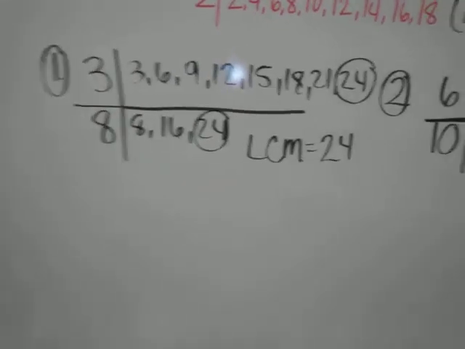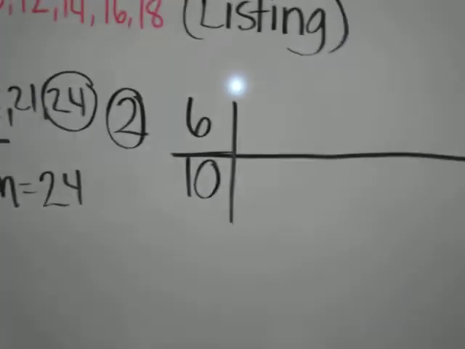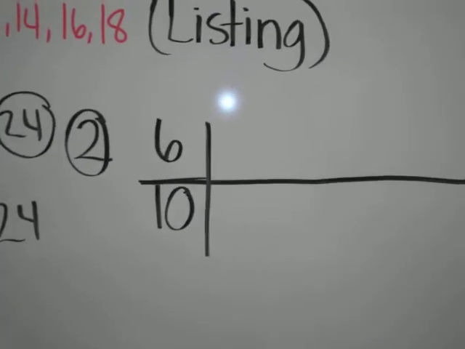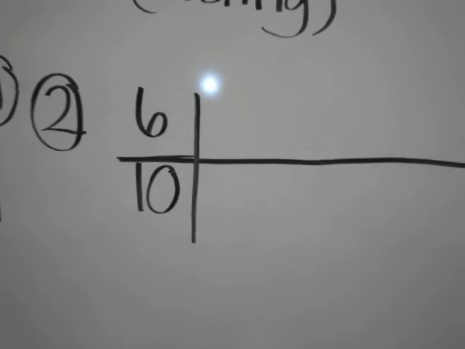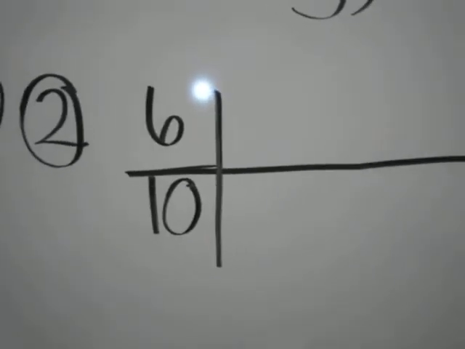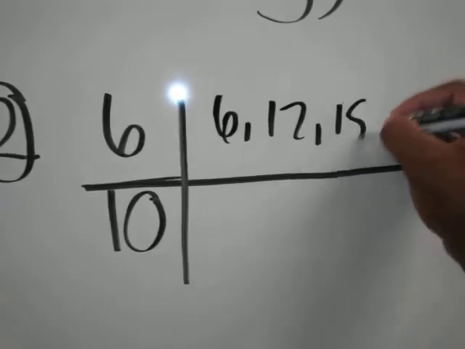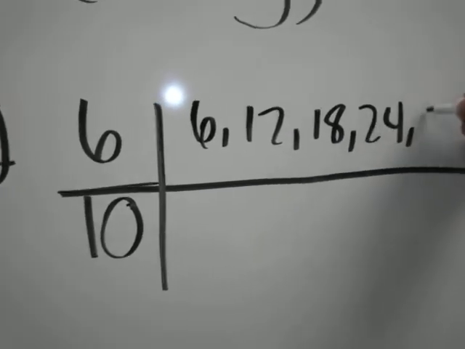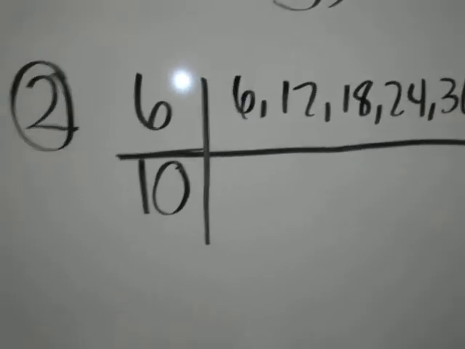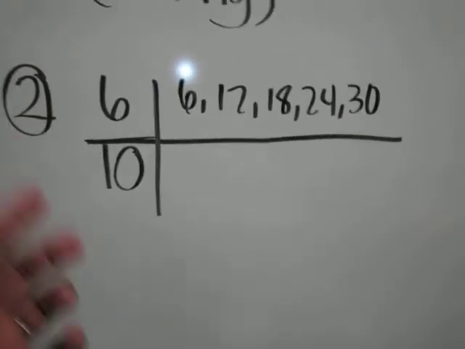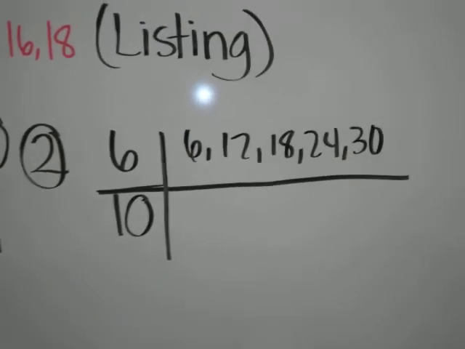Let's go ahead and complete number 2. You can pause this right now and complete this problem before I do it, so you can see if we get the same answer at the end. All right, I'm going to go ahead and list the multiples of 6: 6, 12, 18, 24, 30. I'm going to stop there because I think 30 might be it, just because I have 10 and 10 can go into 30 evenly.